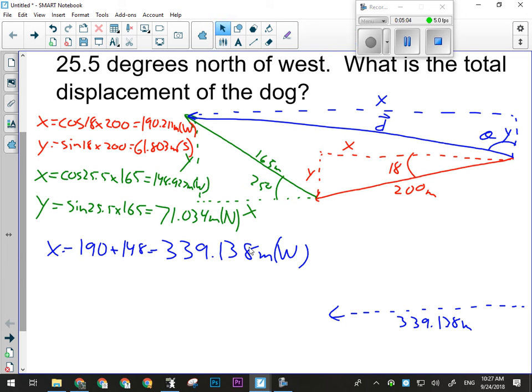And then I've got to find my resultant y component. One of them is south, and it's the smaller of the two. So I'm going to take the 71.034 north and subtract the 61.803, since it was south, and I'll get my resultant y.